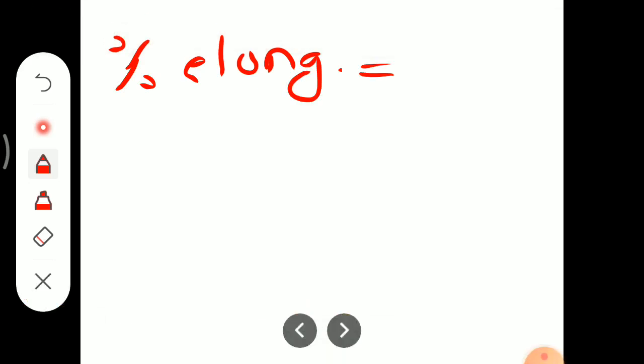And the last point is percentage of elongation. Elongation means change in length. For that purpose also we have two lengths. Percentage elongation is equal to the maximum length minus minimum length, divided by minimum length.